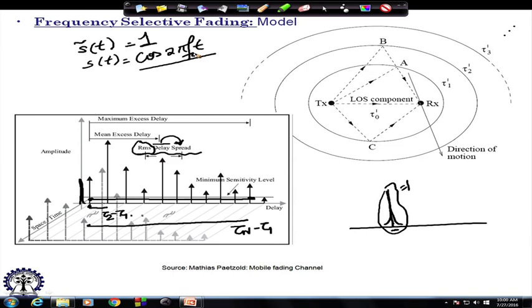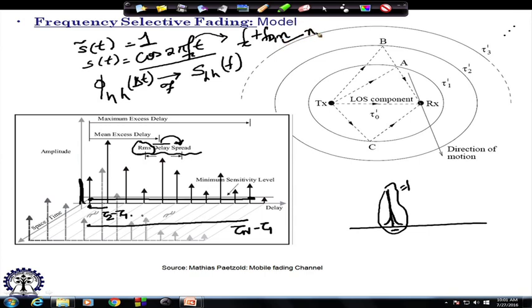If you recall, we had studied the correlation properties, phi h h delta t. From this we took the Fourier transform and found S h h f, the Fourier transform of the correlation function, which gives us the Doppler spectrum. So, f c got modified to f c plus f d n, and n ranged from 1 to capital N.